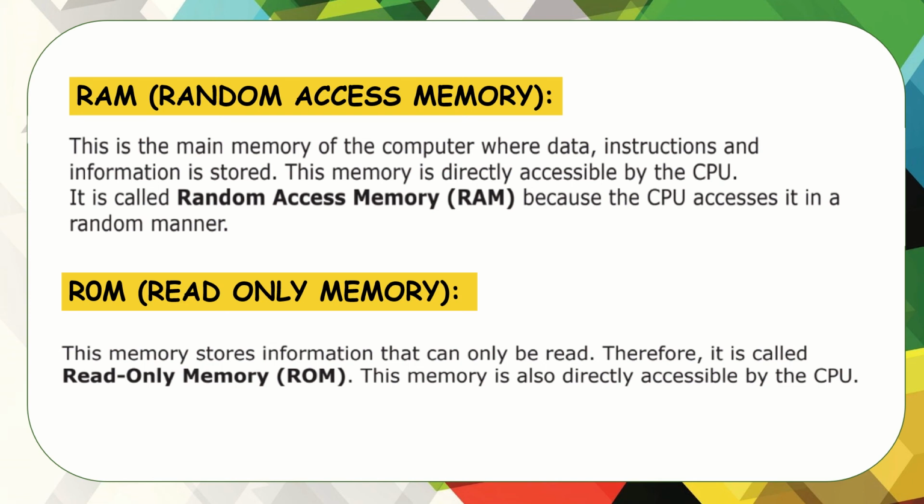No. If the computer is switched off or the power goes, does your operating system change or get lost? No, it remains there, right? So the best example of ROM is the operating system, which you store in the ROM, in which you cannot make any changes.